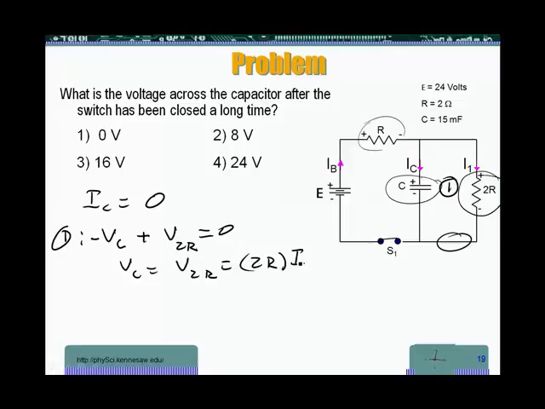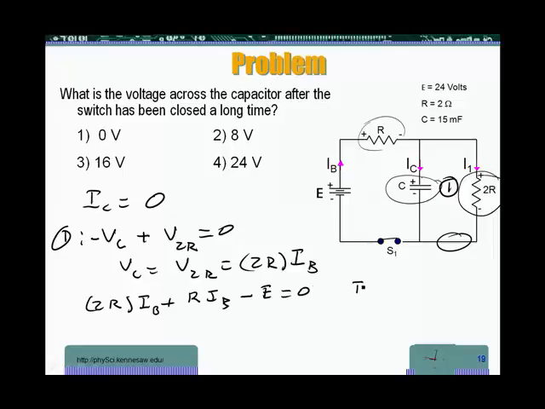Let's do the outer loop like we did last time. So for the outer loop, we have 2R times I, plus, here, by the way, we are calling it I sub B. So 2R times I sub B plus R times I sub B minus E is equal to 0.